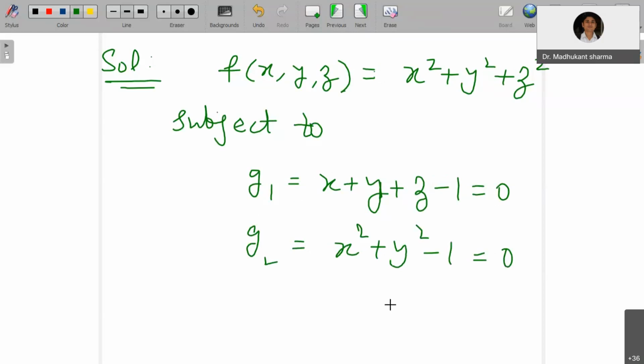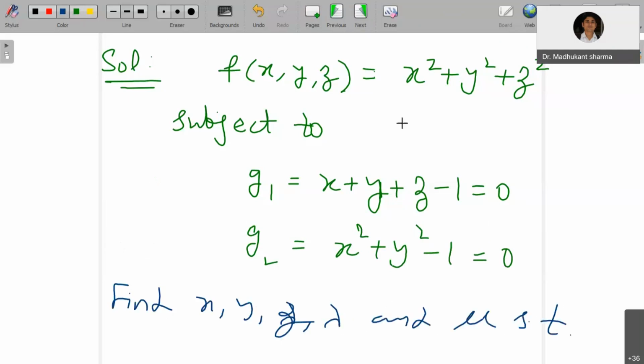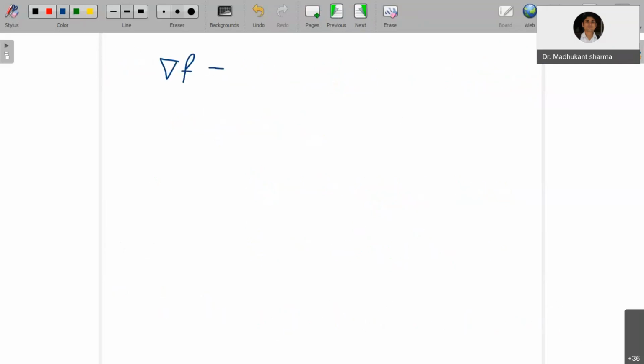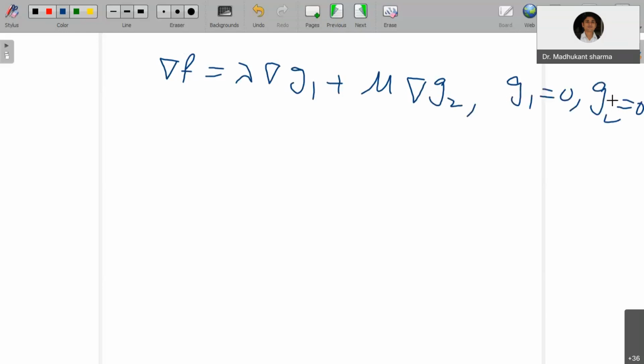It's a cylinder. Now, the method of Lagrange multipliers tells you to find x, y, z, lambda and mu such that grad f equals lambda times grad G1 plus mu times grad G2, G1 equals 0, G2 equals 0.